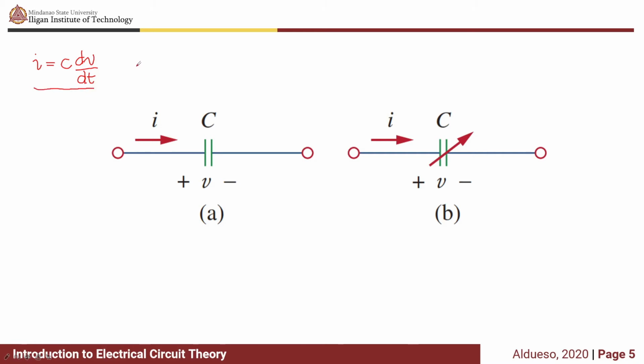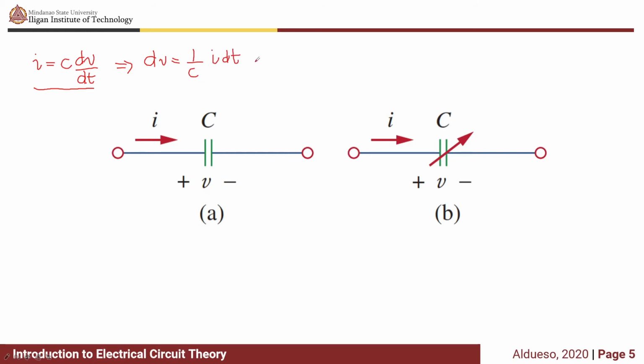Now taking the voltage and current relationship, we transpose dt and C to the other side. So we have dV equals 1 over C times I dt.